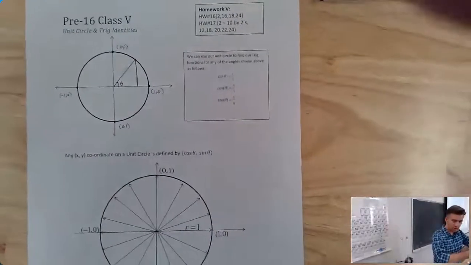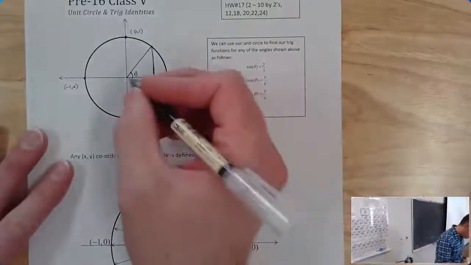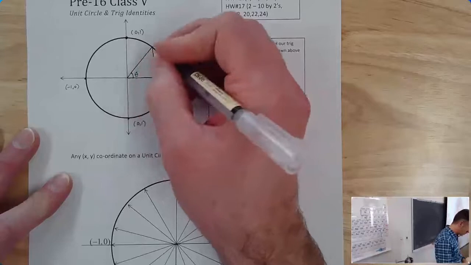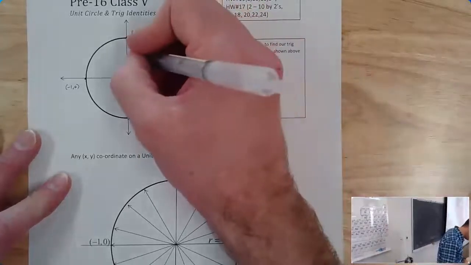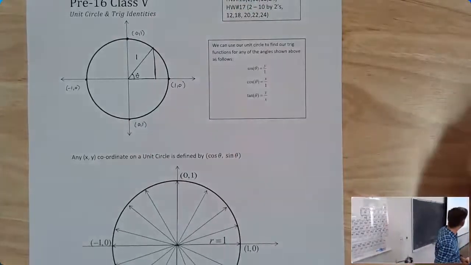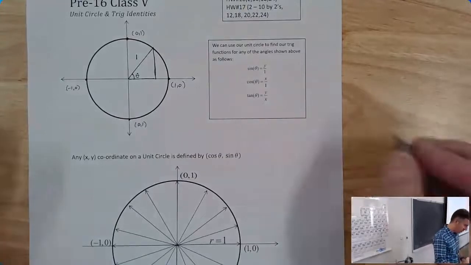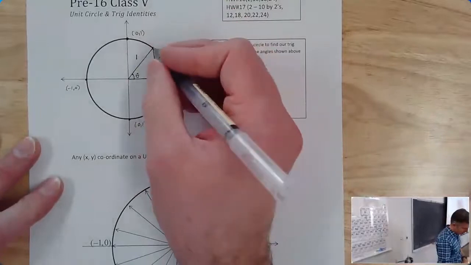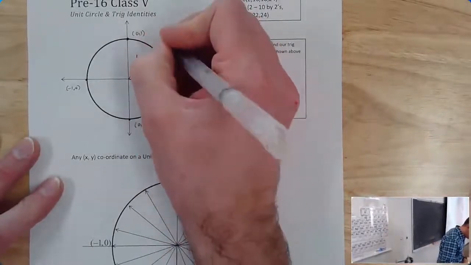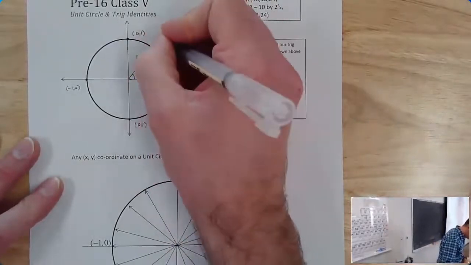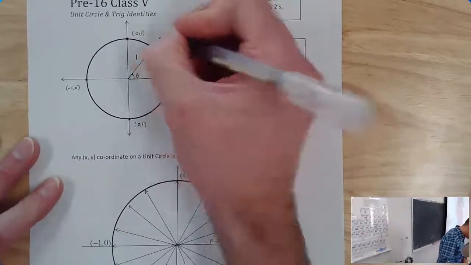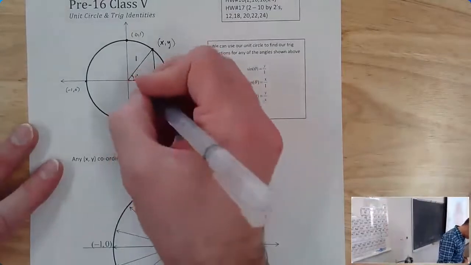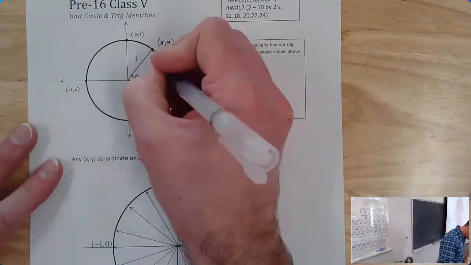And we're going to remember that the radius of this circle, also known as the hypotenuse of this triangle, has a length of 1. And we are going to say that this point that the radius extends to on the circle is the point x comma y, because we've literally just gone over x and up y.